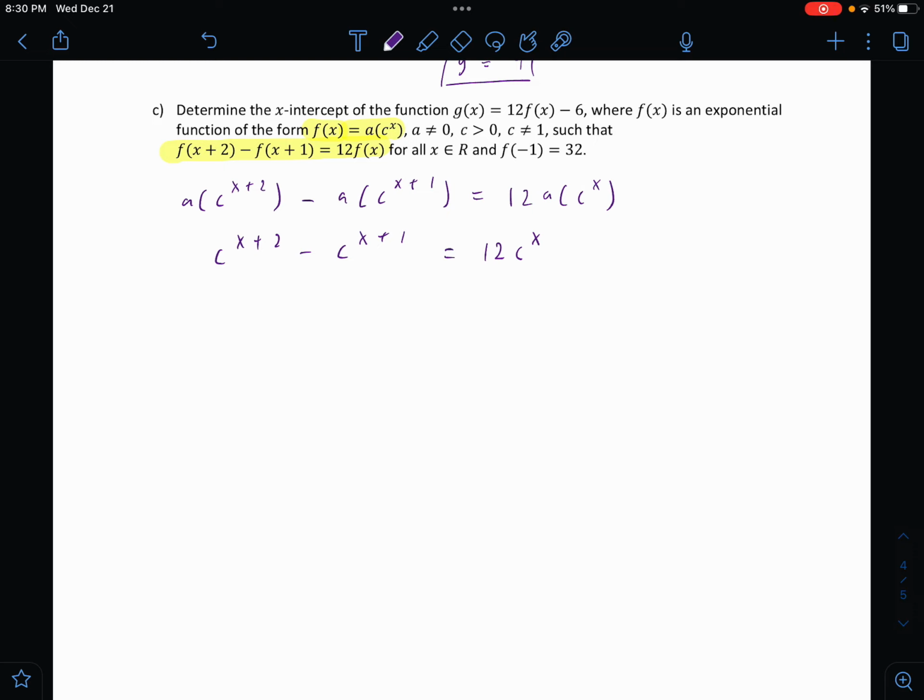Now, what we can do next is change this and write it as c to the x times c squared minus c to the exponent of x times c to the 1 is equal to 12 times c to the x.